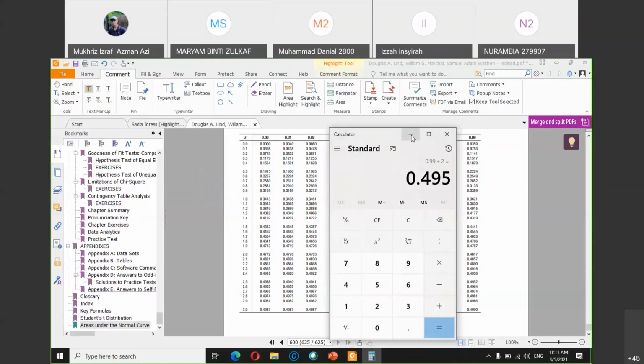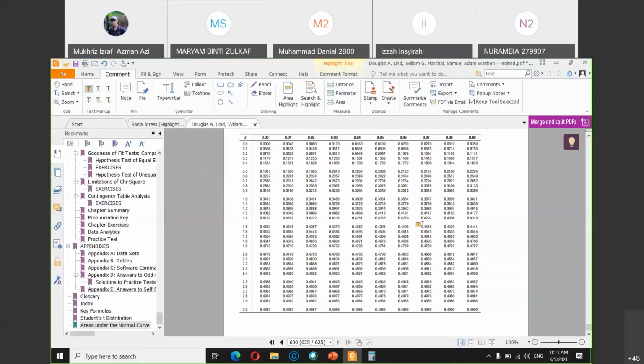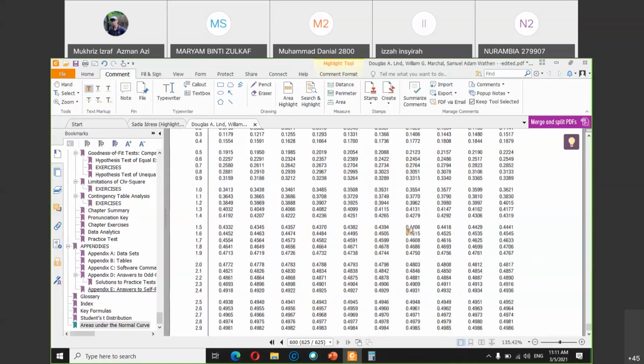So 0.495 is the one that we want to locate from the table. So which one is the nearest to 0.495? 99% CI means the area under the curve is 0.99. So half of the 0.99 is 0.495. So find the area nearest to 0.495.